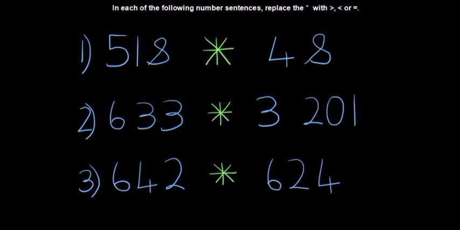Let's compare these numbers. So we know that any 3-digit number is greater than any 2-digit number. So that means 518 is greater than 48.